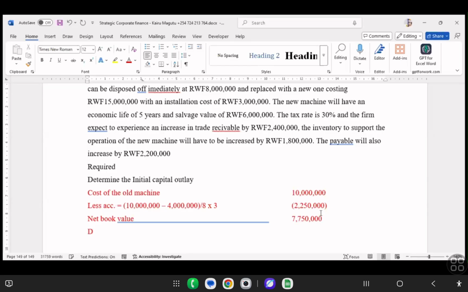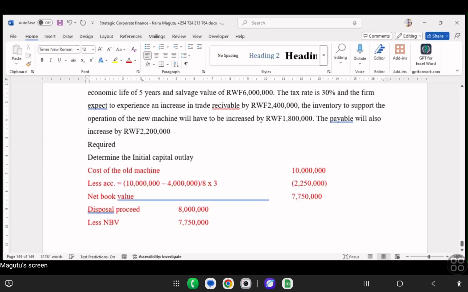The old machine is disposed. The net book value, you said, is 7750.